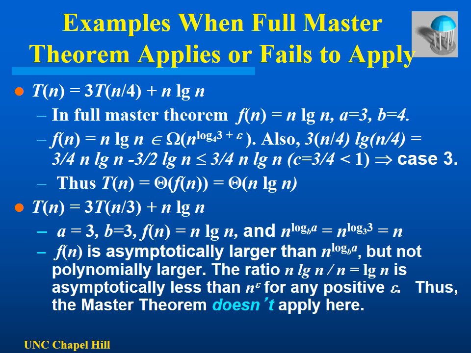The requirement is to compare n log n to either big O or big omega of n to the log base b of a plus epsilon. You can show that n log n is indeed omega of that for some epsilon.